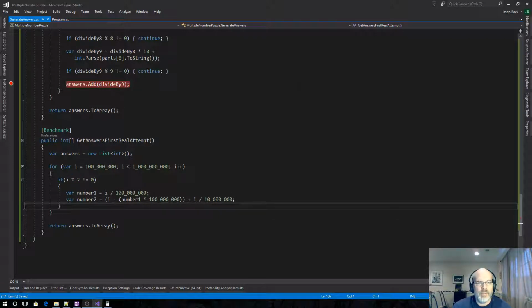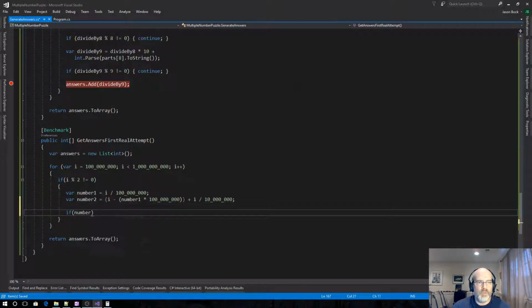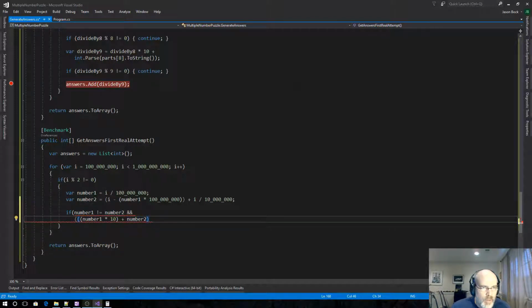So now I can say if number 1 is not equal to number 2, and number 1 times 10 plus number 2 — this is where parentheses hell kicks in — mod 2 is equal to 0.